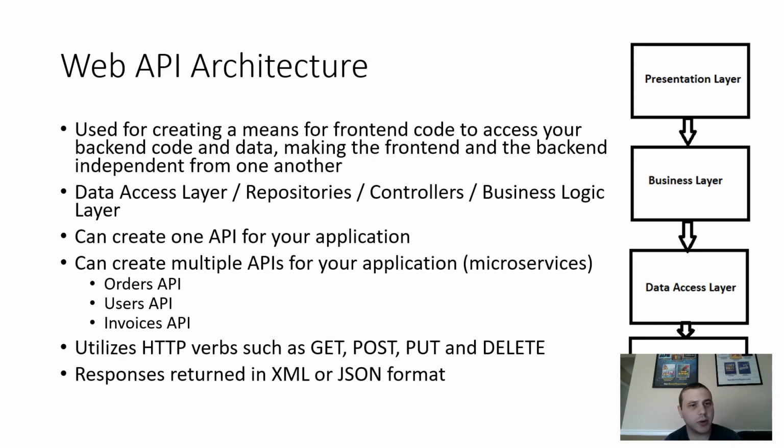And this is kind of how you want to architect your APIs and just your applications in general, because this helps separate things out and makes things a lot more scalable and readable. So it's used as a means for creating front-end code to access your back-end code and data, and making the front-end and back-end independent from one another.